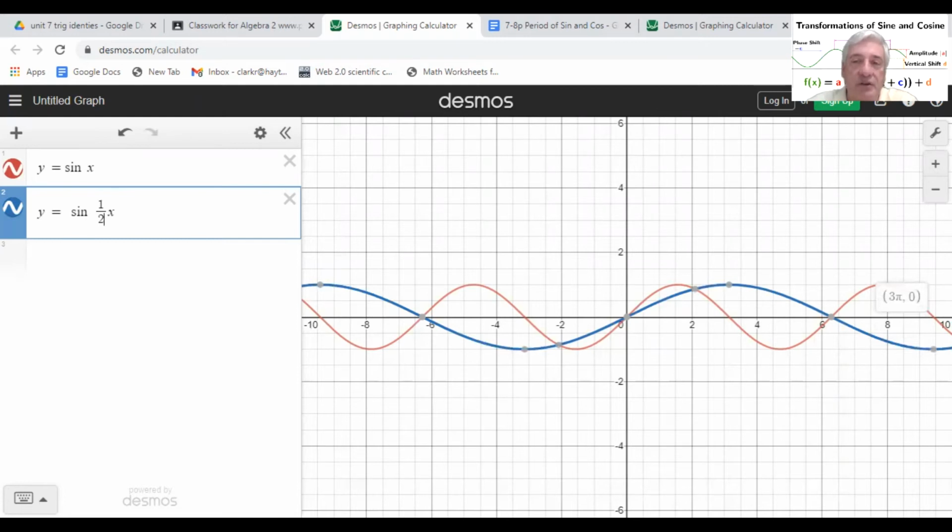Now we're going to do 720. Look at my humps. Minus 2 pi to 0, out to 2 pi. So that's 4 pi, which is 360 times 2. You take the number in front of x, 1/2, and divide it into 360. So you invert and multiply and you get 720.